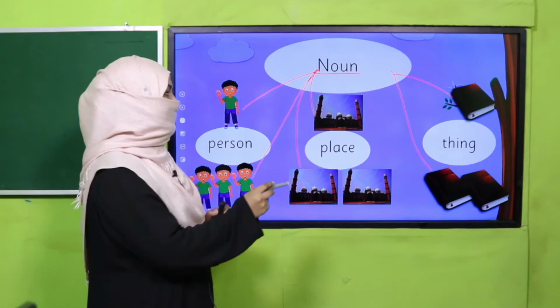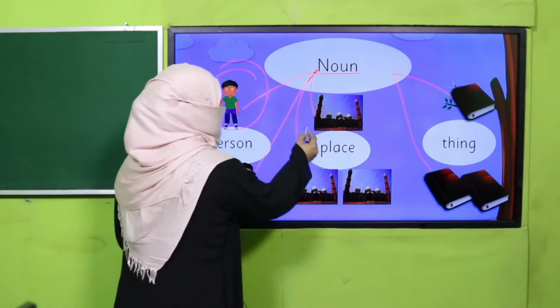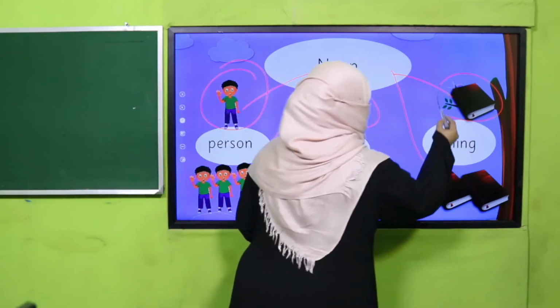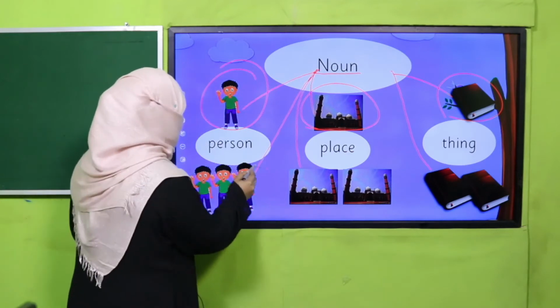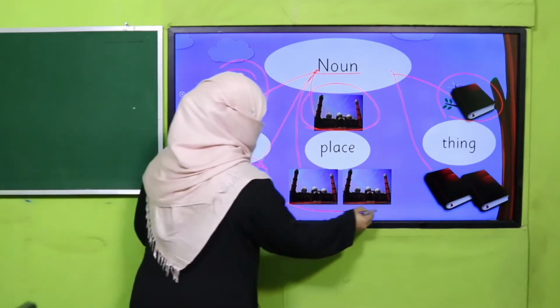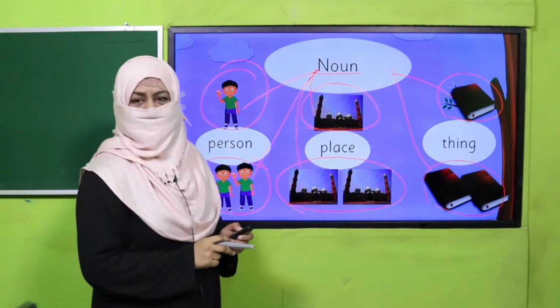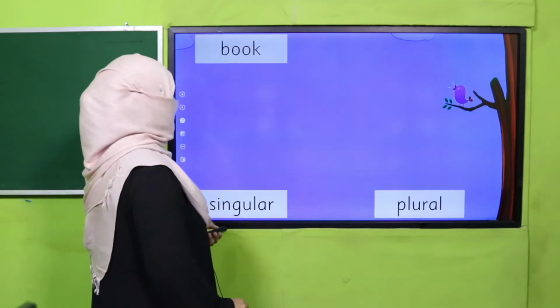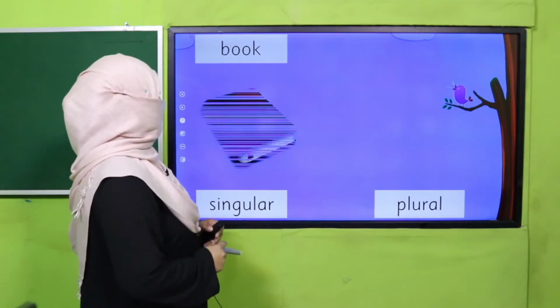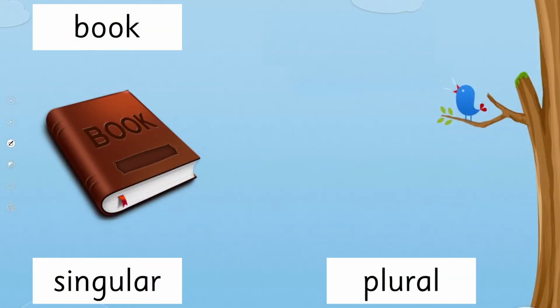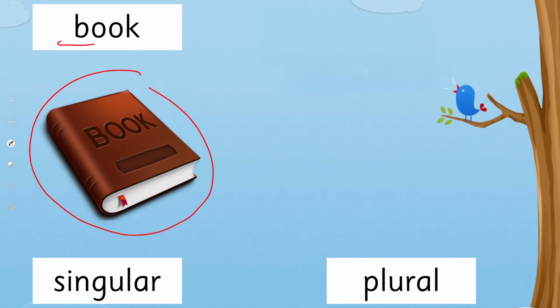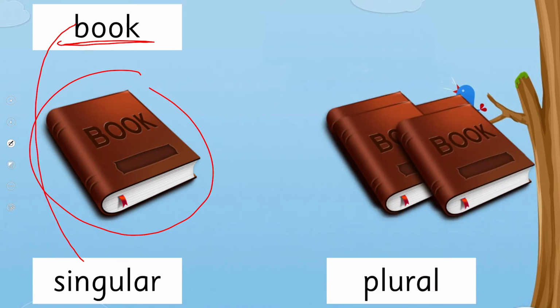If they refer to one person, one place, one thing, they are singulars, and if they refer to more than one persons, more than one places, more than one things, they are plurals, right? Here it's book, and because it's one, this is a singular noun. And if it is more than one, it is plural.